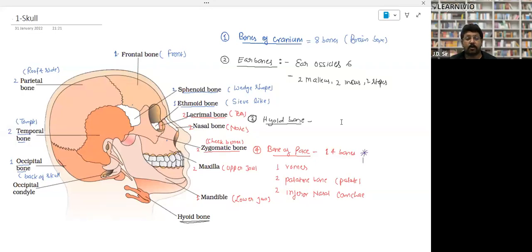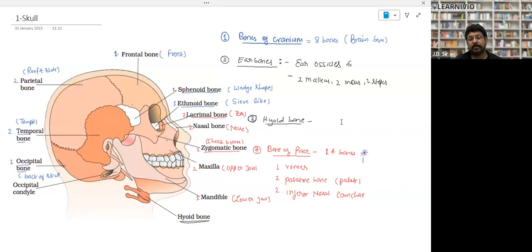Next part is vertebral column. How many bones are there in the lumbar part of vertebrae? 5, 12, 7, 4.